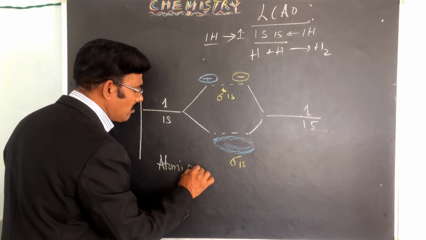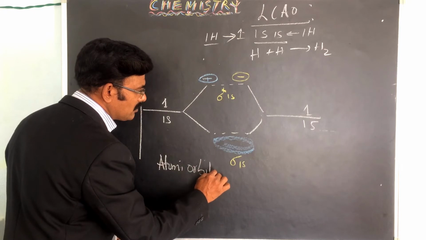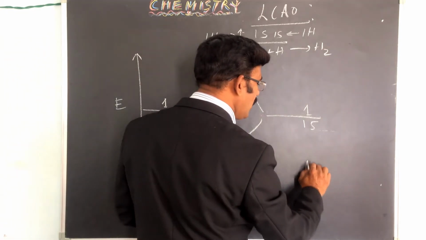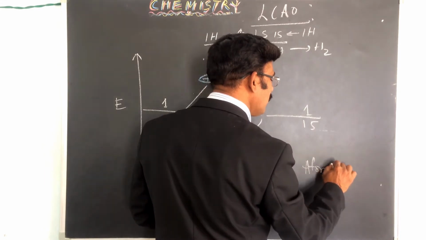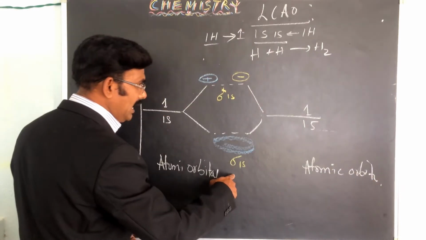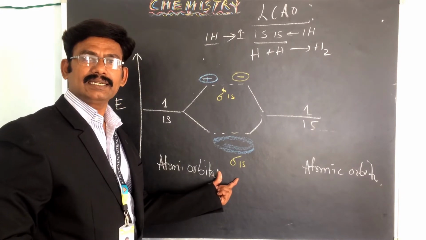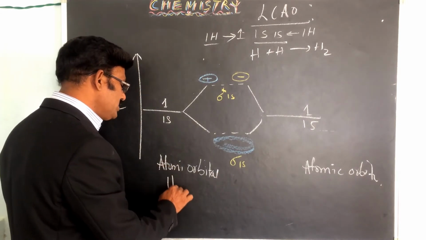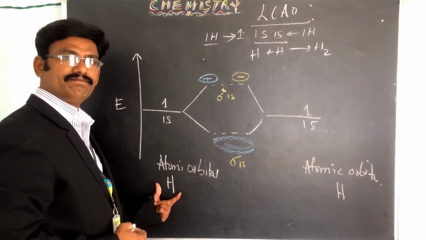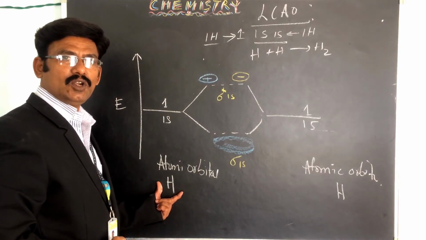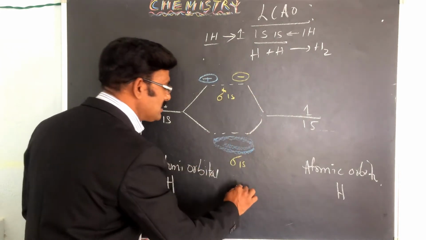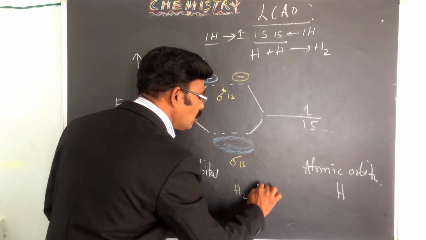Here one is also an atomic orbital. But here, what is this? This is the H. 1H, 1H atomic orbitals to form the what? Molecular orbitals. That is H2.